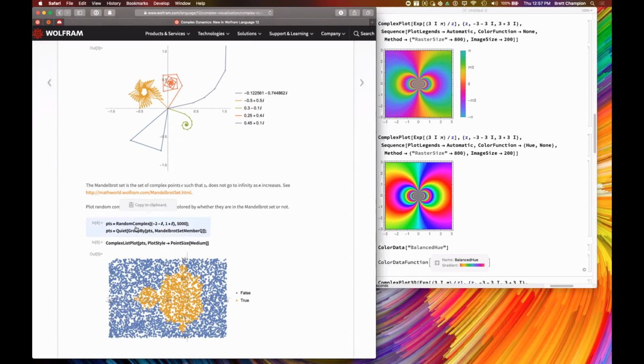So I just created 5,000 random complex numbers and grouped them according to whether they were in the set or not, and then threw it at complex list plot, and you get a very pointillist representation of the Mandelbrot set. Not really great for seeing details along the edges, not surprising, but it's recognizable.